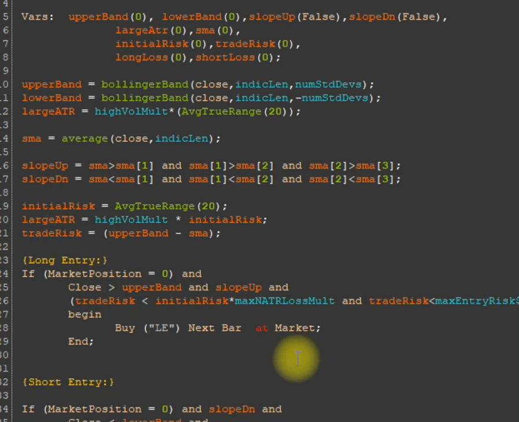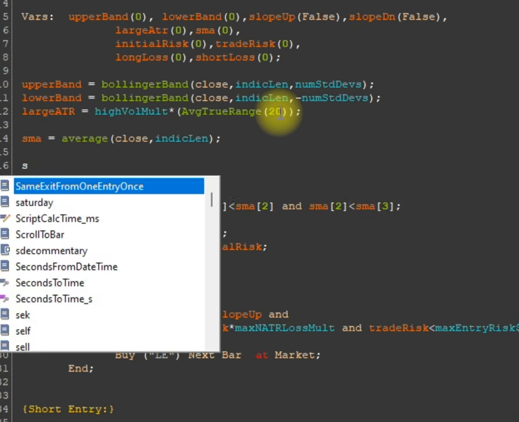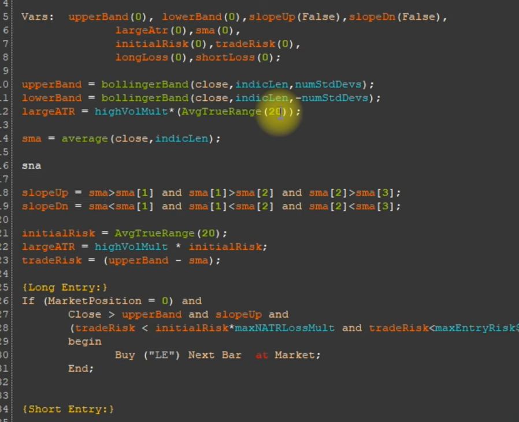And I love this. I like the differences between the different editors. The PowerLanguage editor is nice because if you type a variable that's not been defined, SMA, if you type SMA, it's going to turn orange. But say you type SNA, or SNA equals, and it's white.